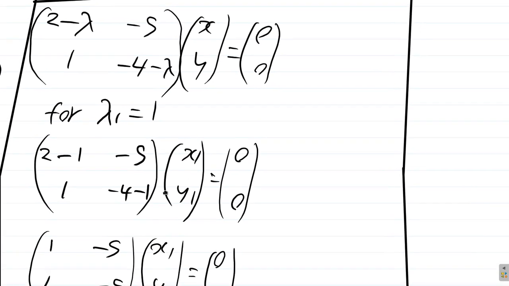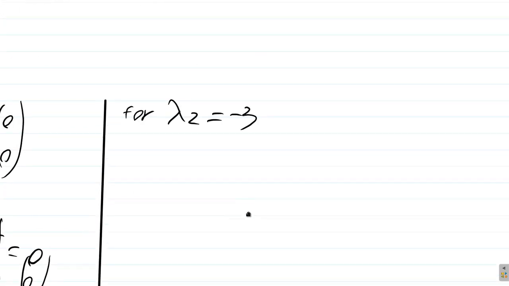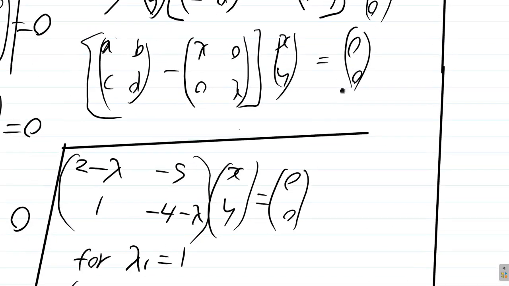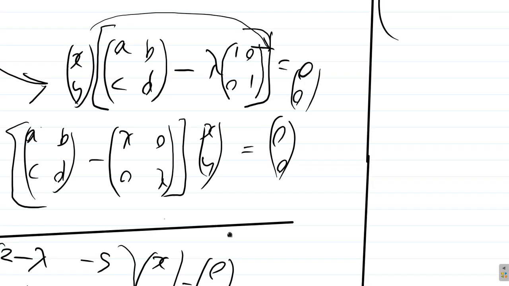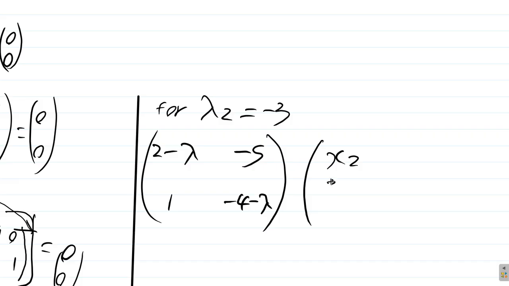What's going to happen? Let's rewrite this: 2 minus lambda, negative 5, 1, negative 4 minus lambda, times x2, y2 equals 0, 0.